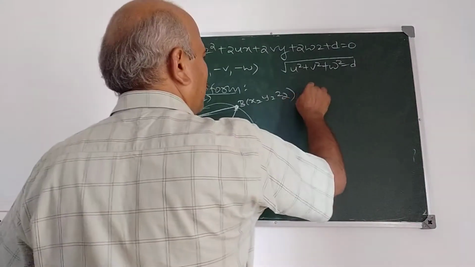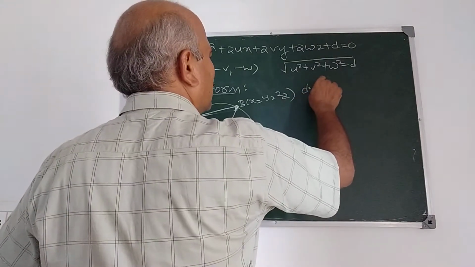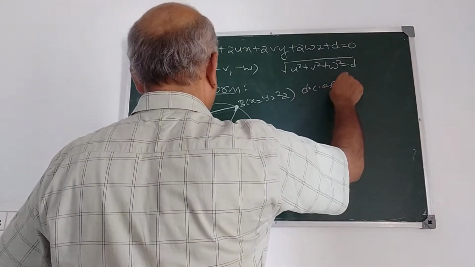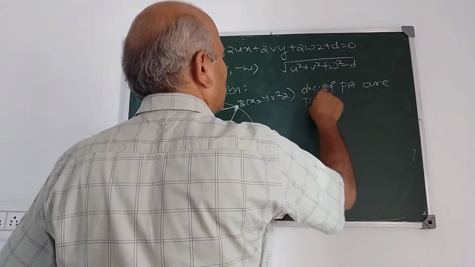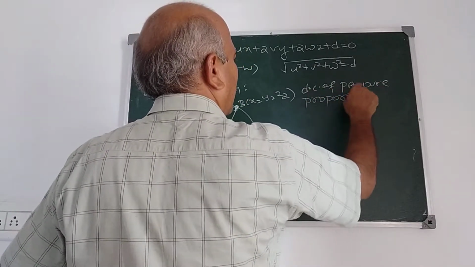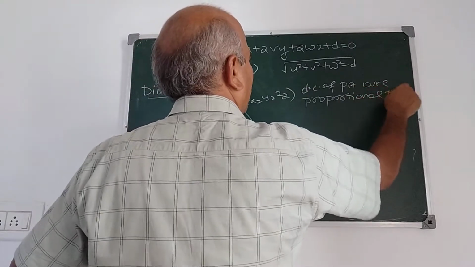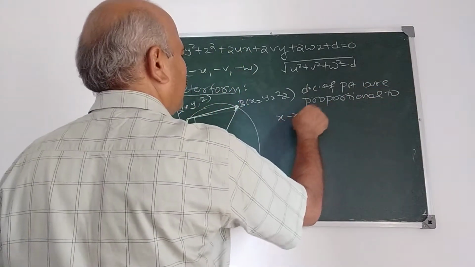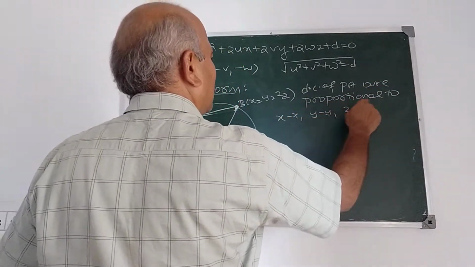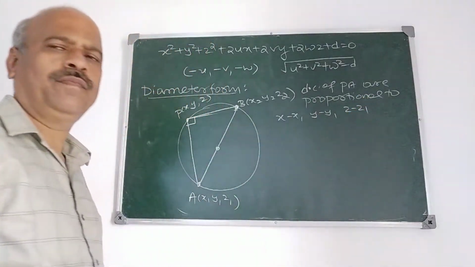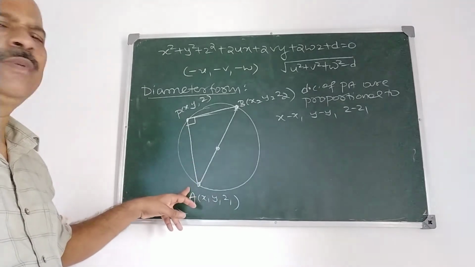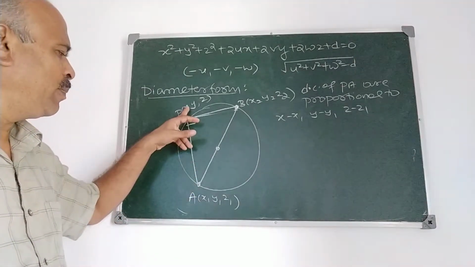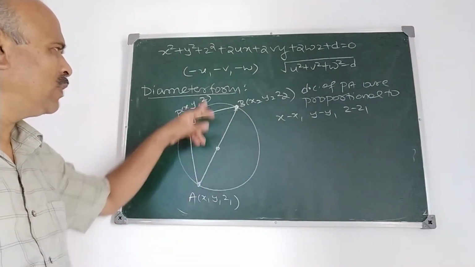First we consider the direction cosines of PA, which are proportional to x - x1, y - y1, z - z1. This you know: what are the direction cosines of a line joining two points? They are proportional to x - x1, y - y1, z - z1.